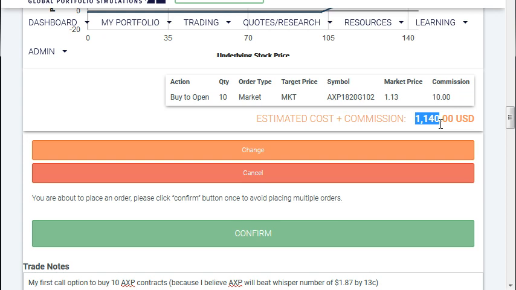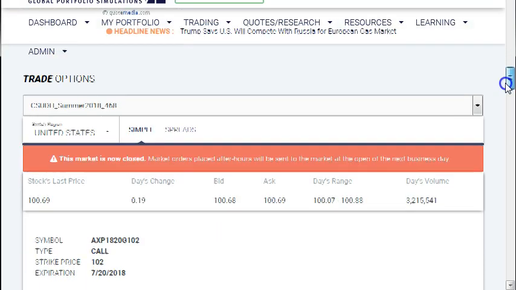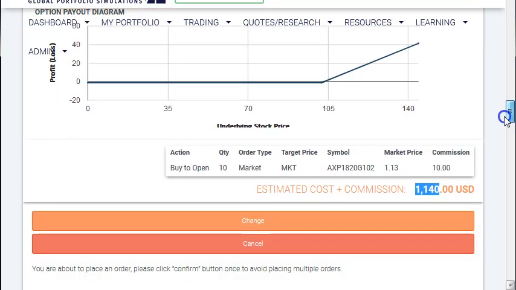But if you are not lucky, you can lose practically all the money, because these options are going to expire by the 20th, and you don't have a whole lot of time. You have just one or two days, and you can lose all the money. That's pretty much about investing in options. I know this video is a little long compared to stocks and bonds, but given that there are so many dynamics involved, I wanted to spend some time.